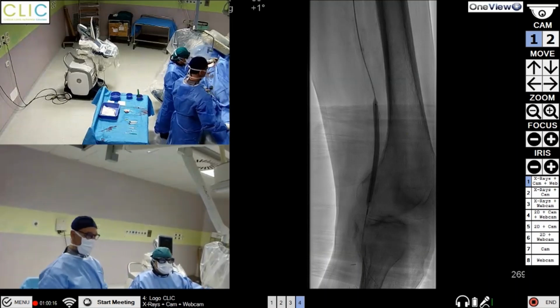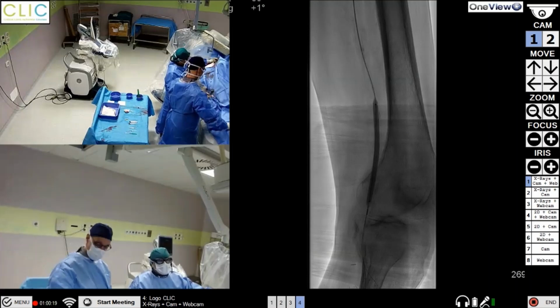So for orbital atherectomy, I have concerns. Directional atherectomy could be an option, but we have a circumferential aspect of the lesion.